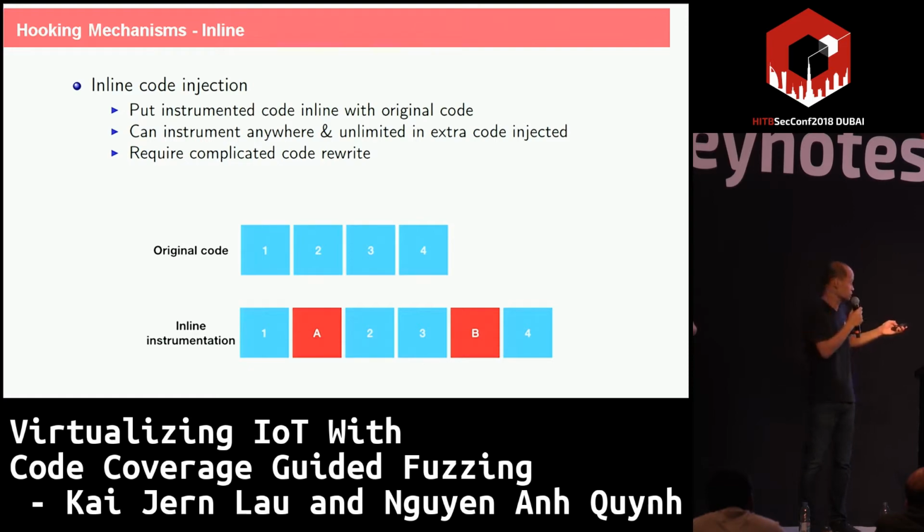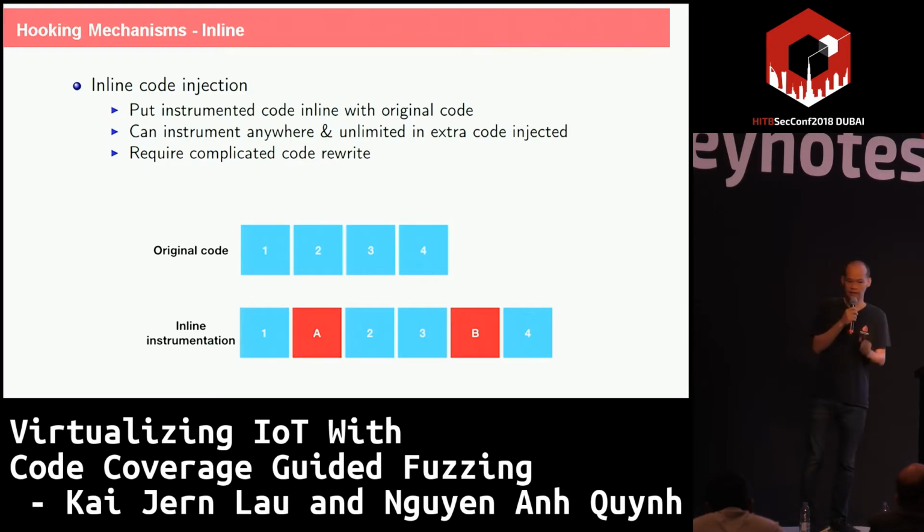It's not in the original place anymore. 1 is still in the original place, but 2 is moved behind. All the blocks behind are moved, and the same thing goes for 3 and 4.